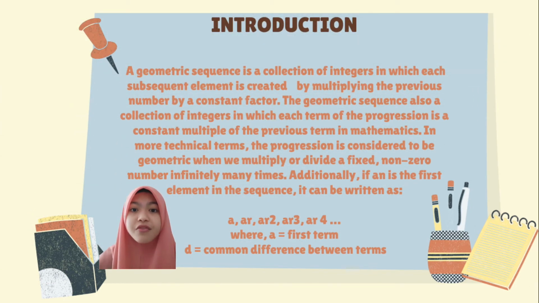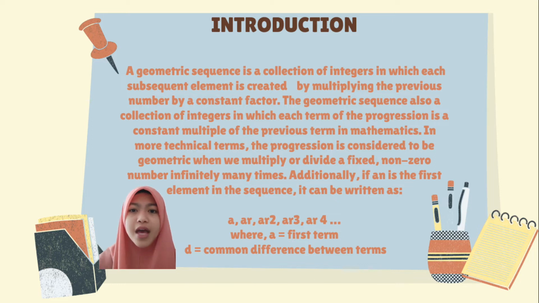A geometric sequence is a collection of numbers in which each subsequent element is obtained by multiplying the previous number by a constant factor. The geometric sequence is also a collection of numbers in which each term is a constant multiple of the previous term.